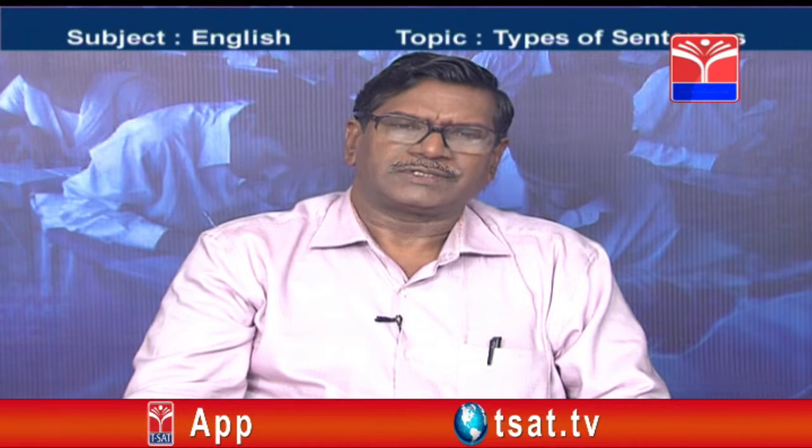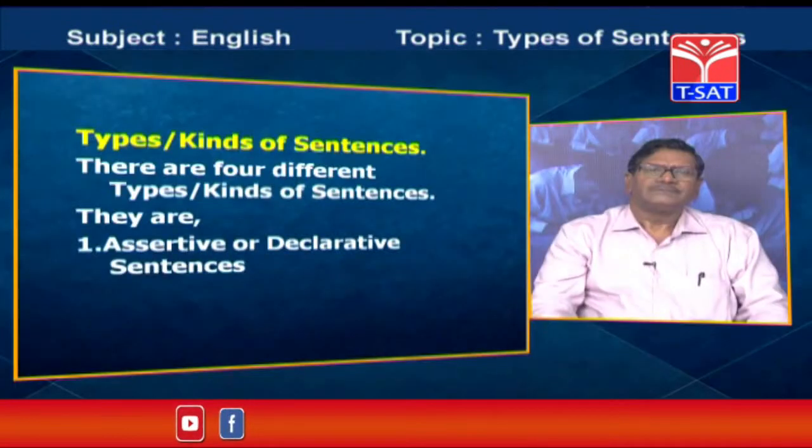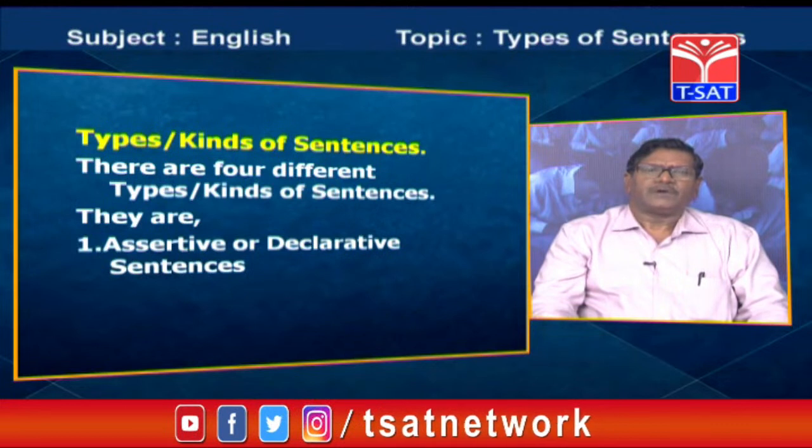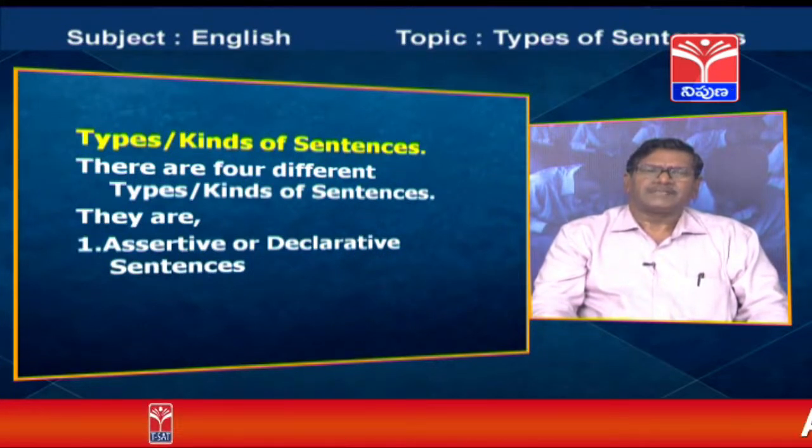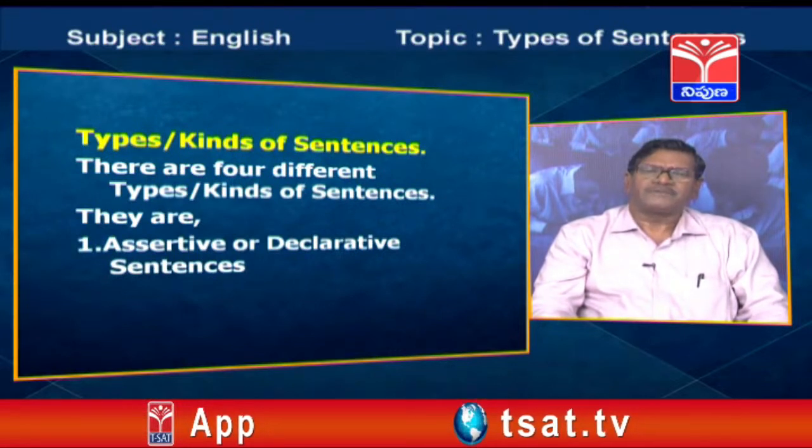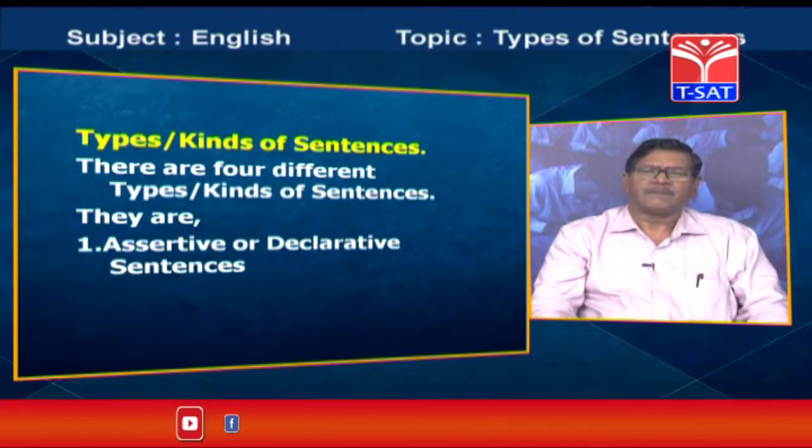Now, let us go back to these words. A group of words, which are called types of sentences. Now, let us think about the types or kinds of sentences. There are 4 different types or kinds of sentences in English. What are they?